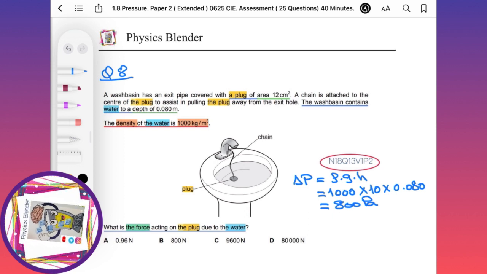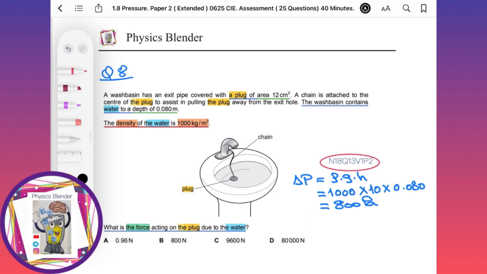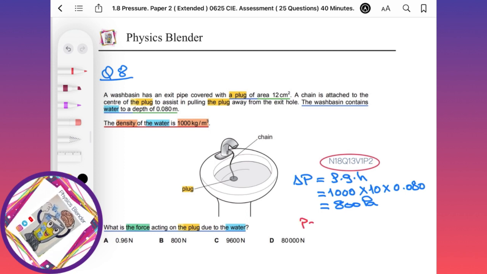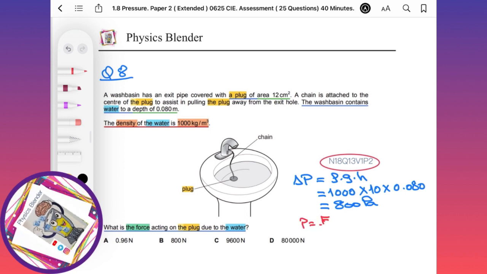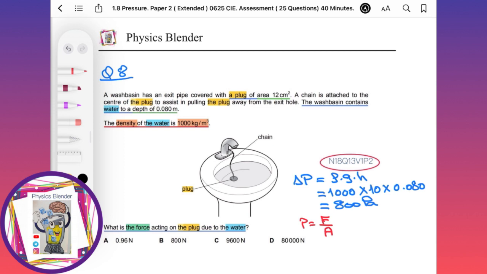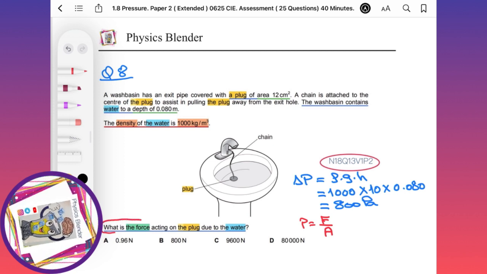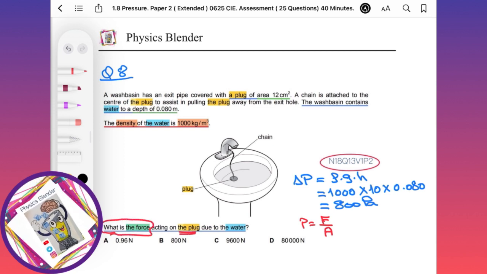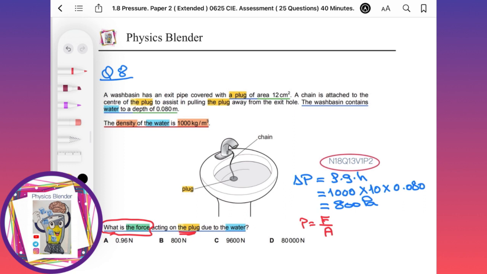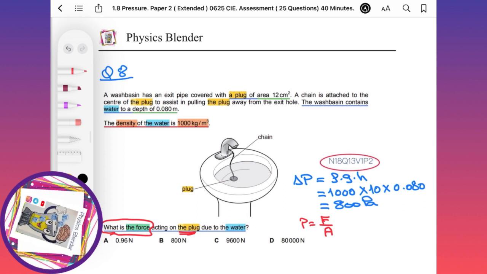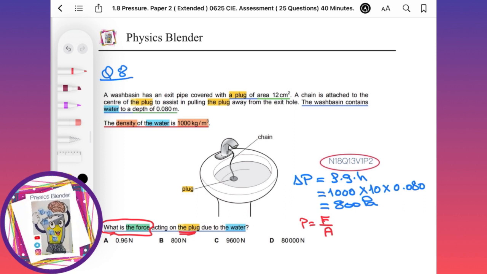When you apply pressure is equal to applied force divided by area, you are here looking for the force acting on the plug, and the plug here is a solid object.